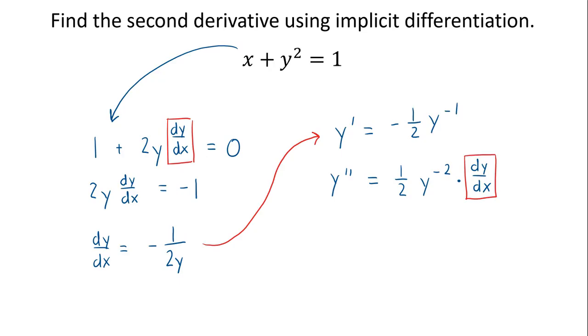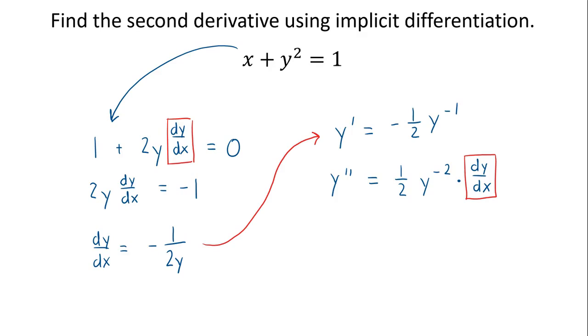And what we notice here is that our second derivative is stated in terms of our first derivative. In other words, the second derivative contains the first derivative. The first derivative is dy over dx. We've already found the first derivative, dy over dx. It's negative 1 over 2y.